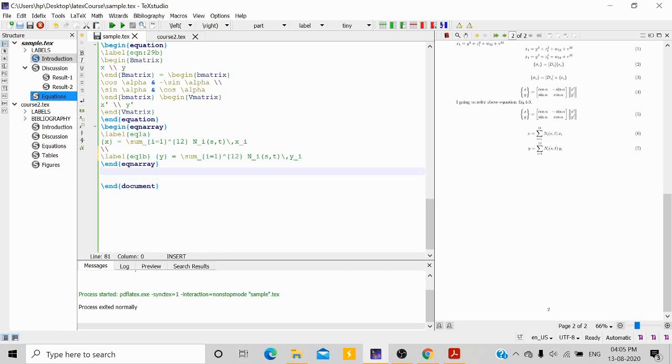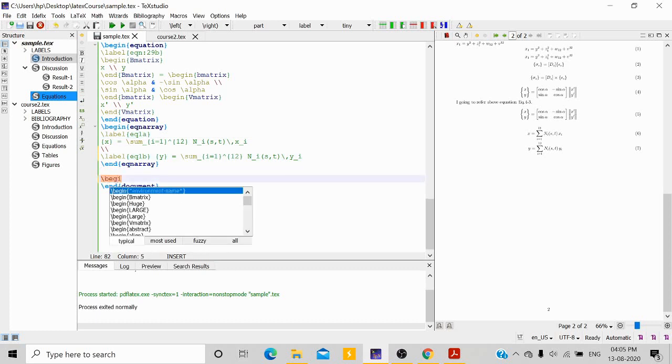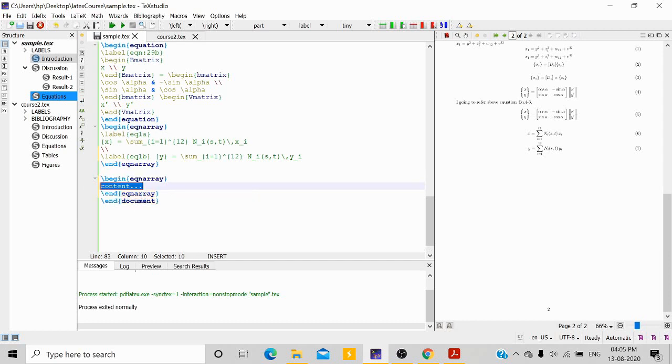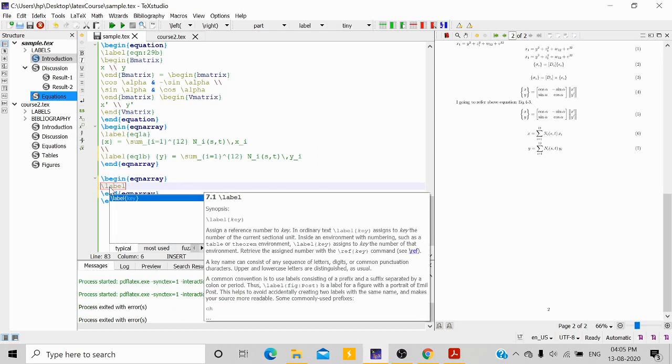Okay, when you write begin equation, at that time another option was coming. This we were selecting before, equation array you can select. Okay, inside this, for the first equation, write the label. Let me write again label first.